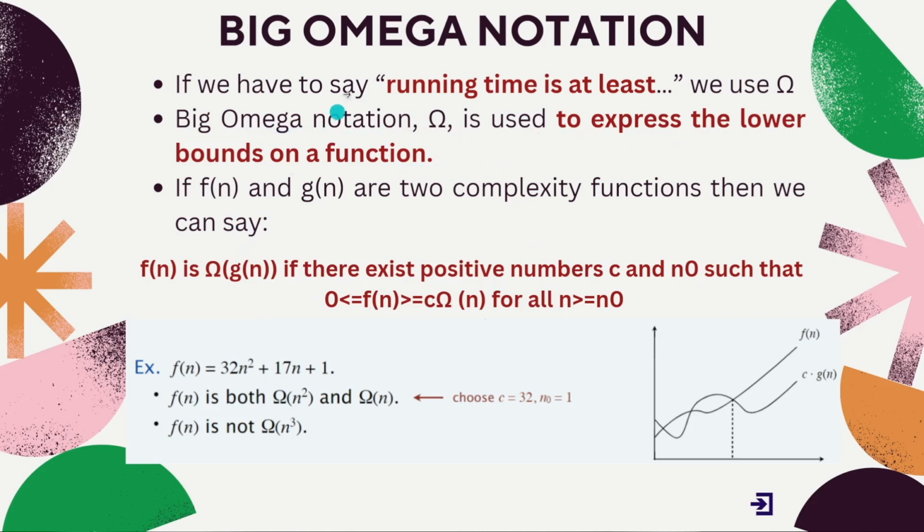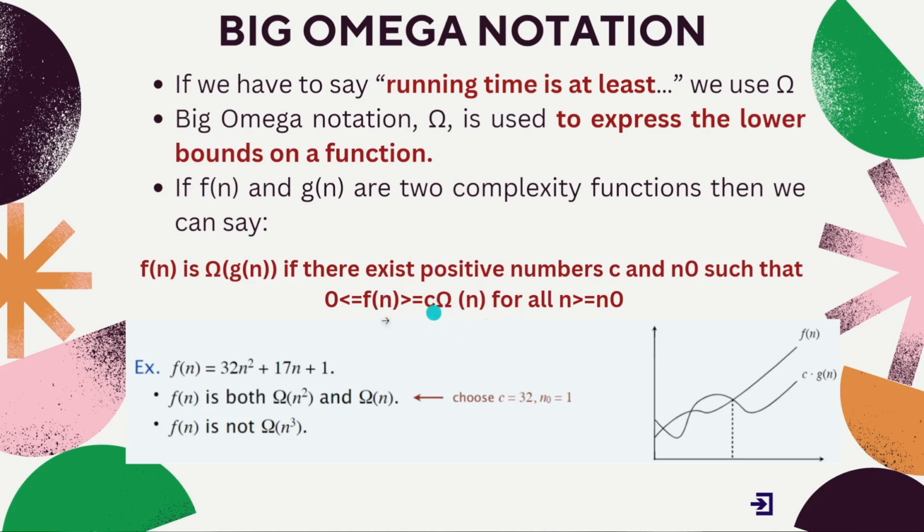Now, let us see the standard definition available for big omega notation. We have two complexity functions f of n and g of n. In order to express the lower bound, we say that f of n is omega of g of n if there exists some positive number c and n naught such that f of n is always greater than or equal to c into g of n.